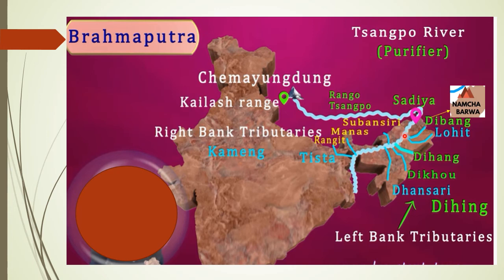Then it finally goes into Bangladesh, where it is called Jamuna and meets the river Ganga, which is called Padma in Bangladesh, and together when they join it is called Meghna, and finally empties out into the Bay of Bengal. So these were the left bank tributaries. The right bank tributaries are Tista, Rangit, Manas and Subhangiri. So this is the course of the Brahmaputra river.